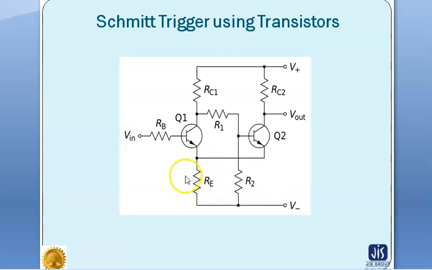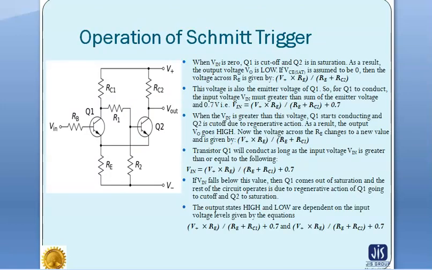This emitter resistor acts as a feedback circuit. Also, V plus, the DC voltage, is used as a biasing voltage, and V minus is generally ground potential. So this is the circuit diagram of the Schmitt Trigger using transistors.